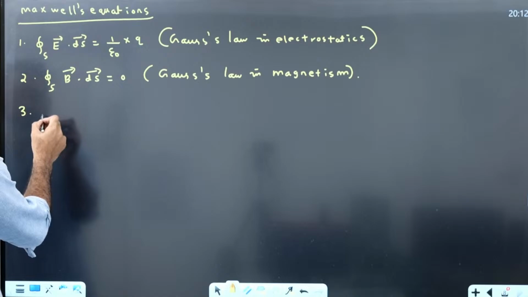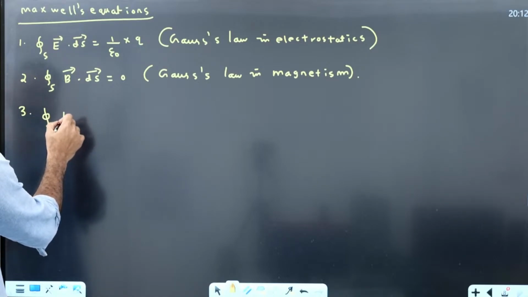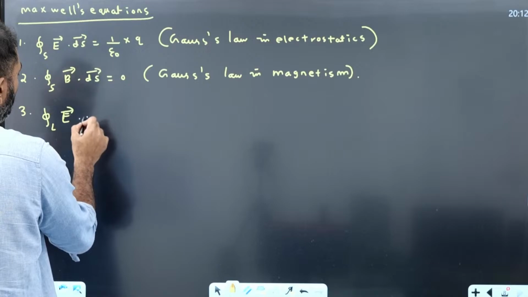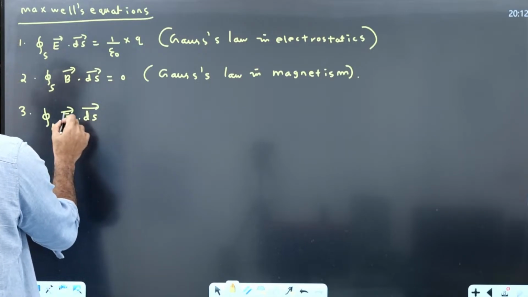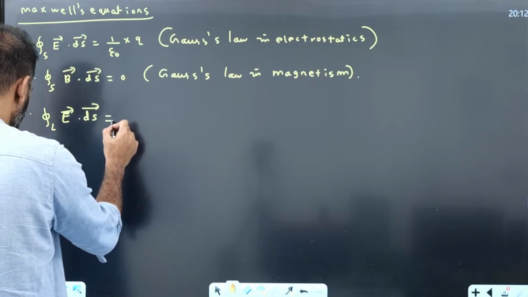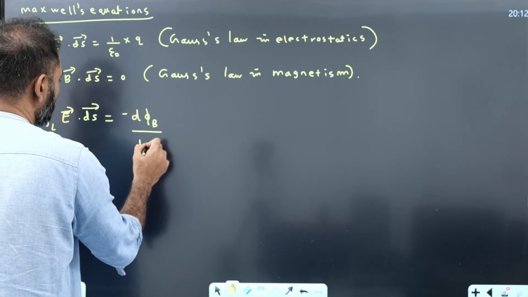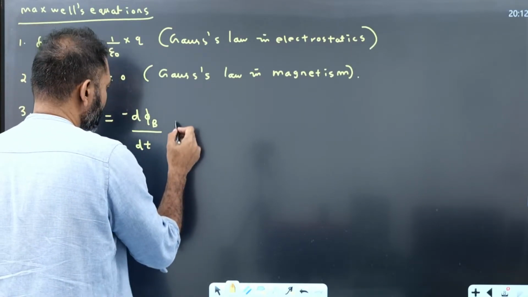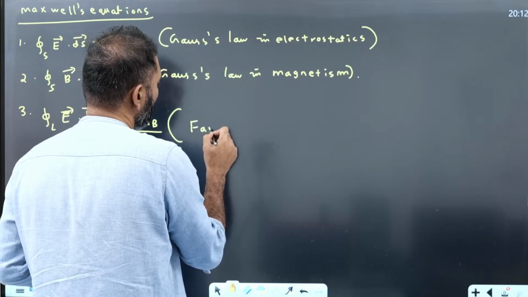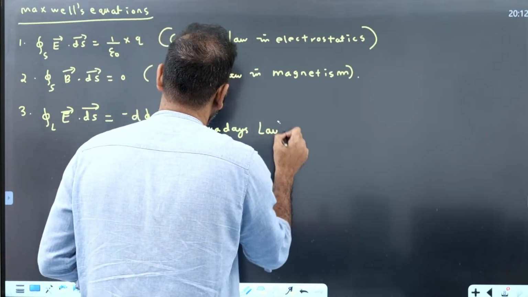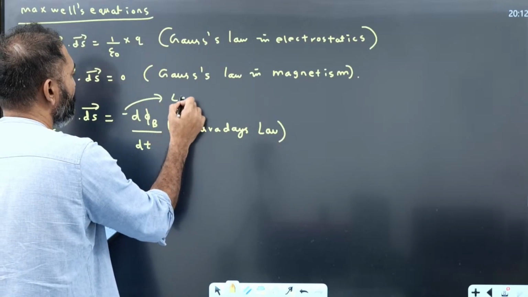Now third Maxwell equation, integral over L E vector dot dl vector is equal to minus d phi_B by dt. This is Faraday's law, and the minus sign is Lenz's law.